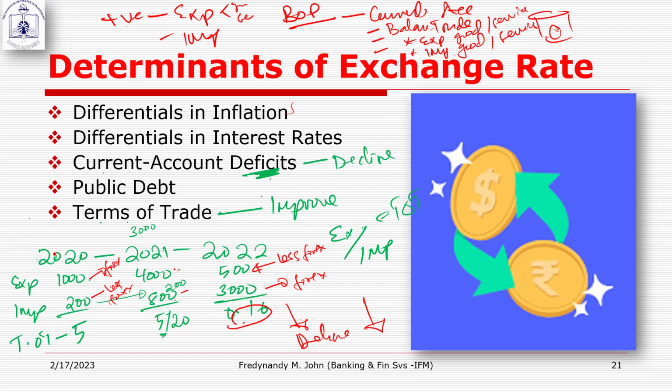In my example here, you can see that in the year 2020, we export more than imports. This can tell me that the exchange rate appreciates. Likewise, in the year 2021, because we export more than import. But in the year 2022, there was a very swift turn.